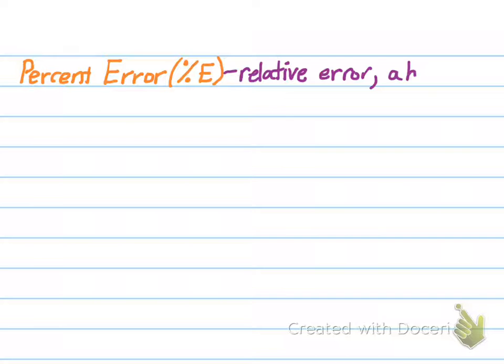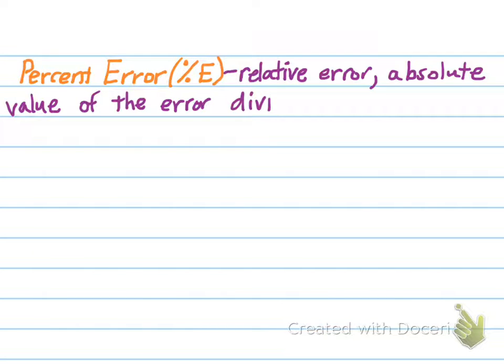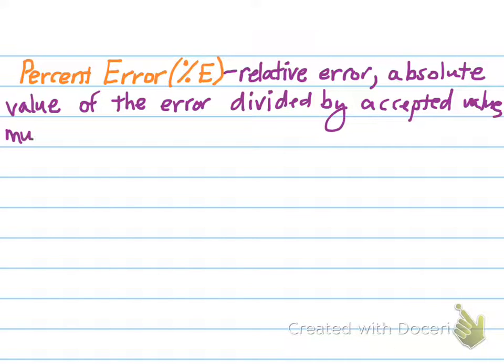It is the absolute value, remember, absolute value means that you just take the positive value, of the error, divided by the accepted value, multiplied by 100%.